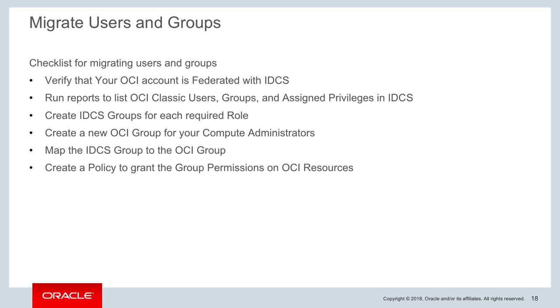So you'll need to go through a process where you list out all the users, the groups, and their assigned privileges, and then you need to map out those groups to a corresponding group in OCI and also assign those groups policies such that the users can access the necessary resources which will be needed for them to do their job.